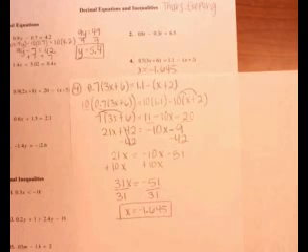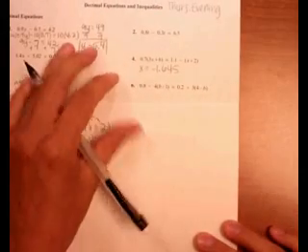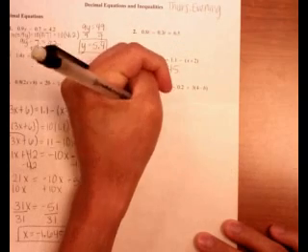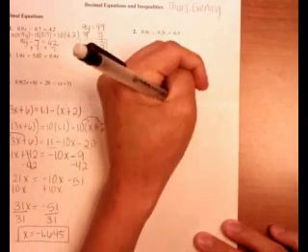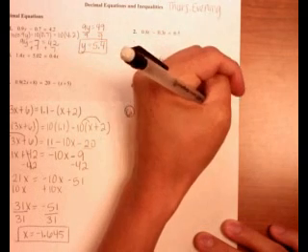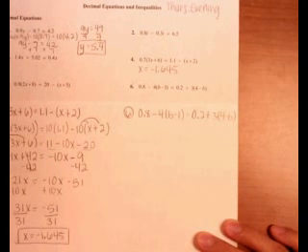Okay, we're going to work number 6 together. We have 0.8 minus 4 times b minus 1 equals 0.2 plus 3 times 4 minus b. Okay, I'm rewriting the problem.